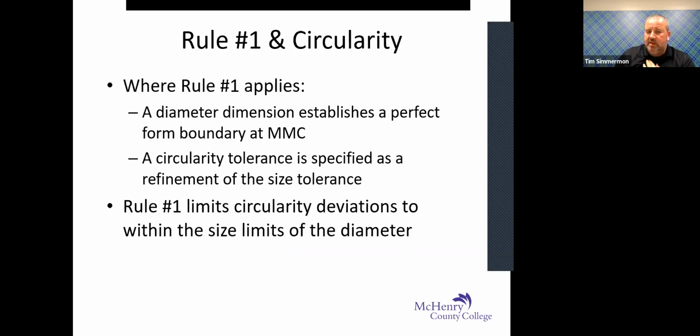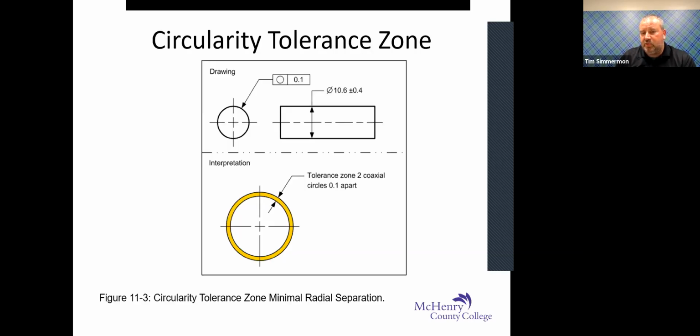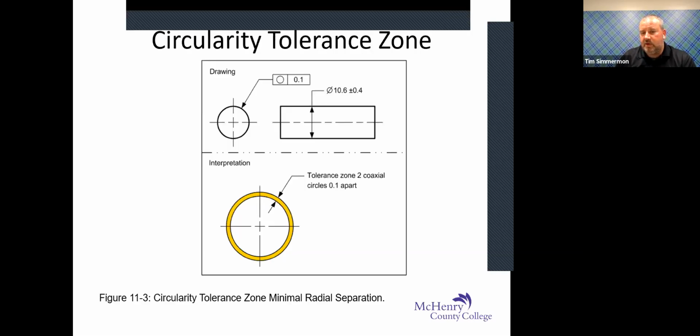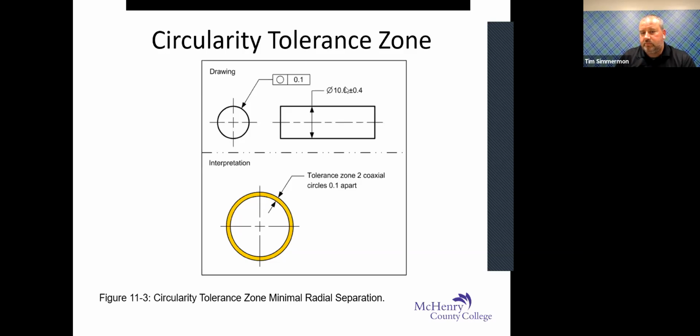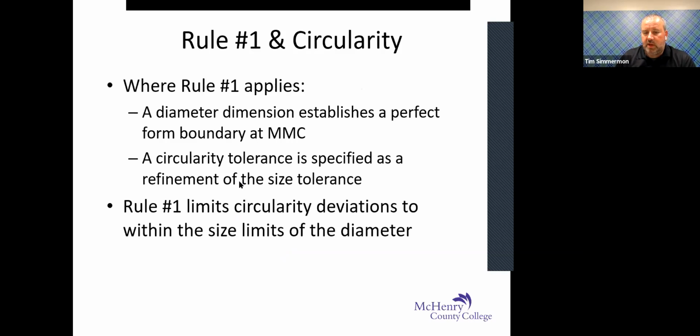So again, the tolerances that we give, in this case, 10.6 plus or minus 0.4, you can't make the part at 11 millimeters and then have it out of round by 0.1. The surface itself can't go greater than 11 millimeters on the part. So rule number one definitely limits circularity deviations to within the size limits of the diameter.